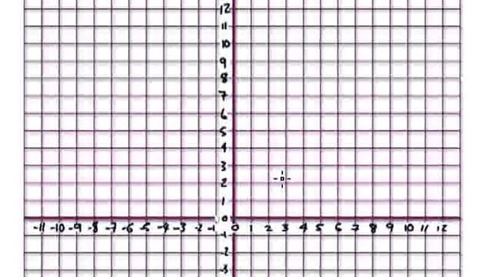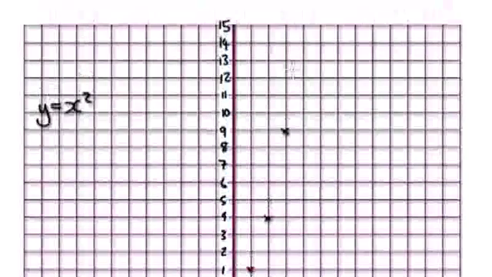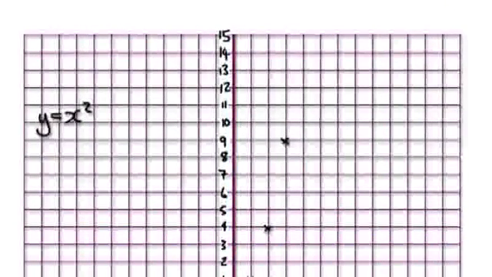Okay, let's look at y equals x squared. Now y equals x squared will look something like this. 1 times 1 would be 1. 2 times 2 will be 4. So it looks like this. And 3 times 3 would be 9. Okay, and 4 times 4 would be 16, so somewhere up here.